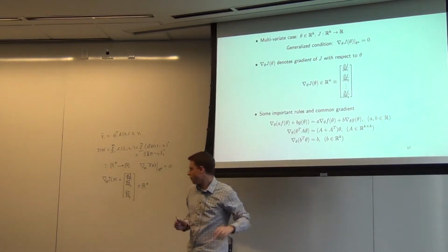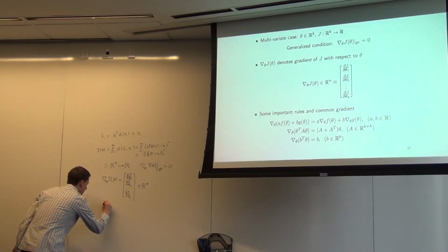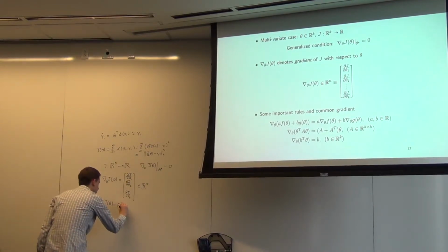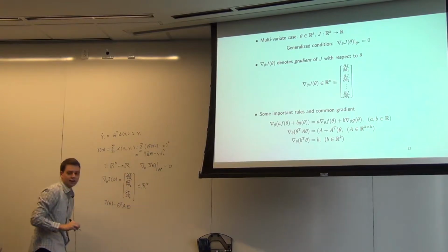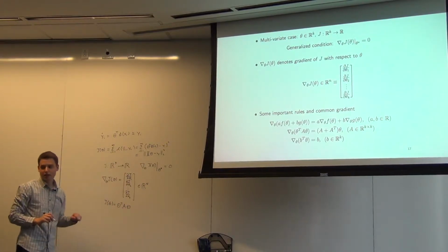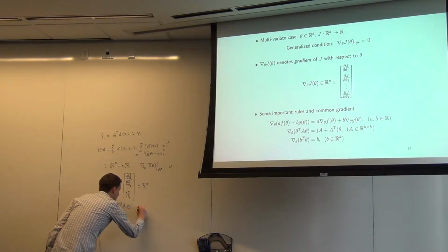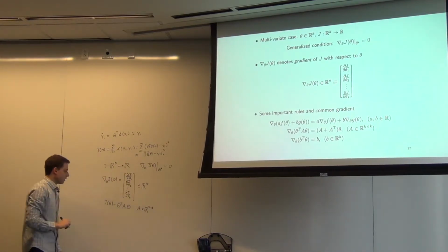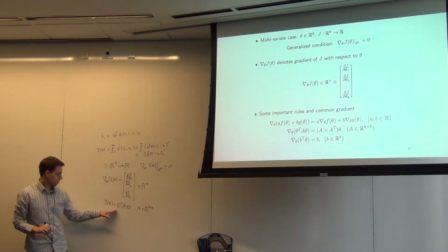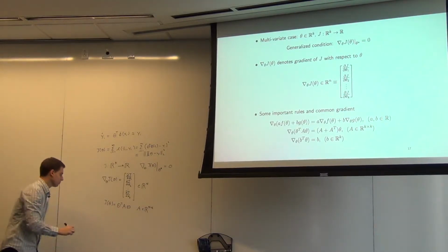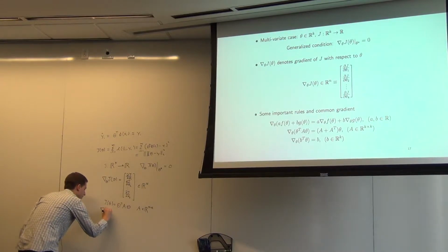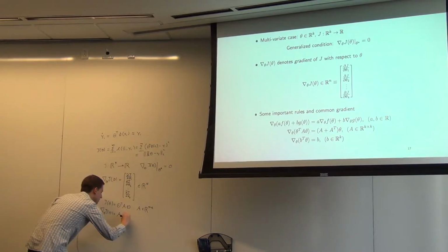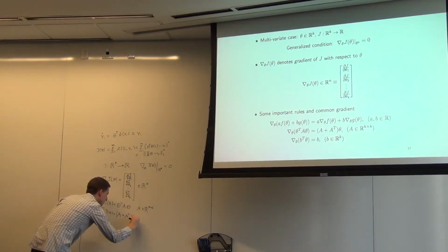So remember, what we're saying here is that J of theta could be equal to, for example, theta transpose A times theta, where A here is a matrix in R k by k. And what this is saying is that the gradient with respect to theta of J of theta is equal to A plus A transpose times theta.